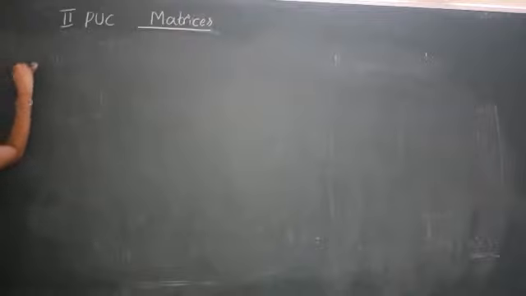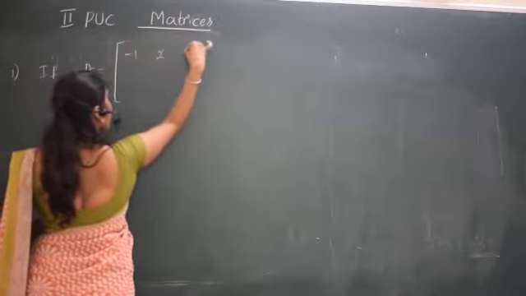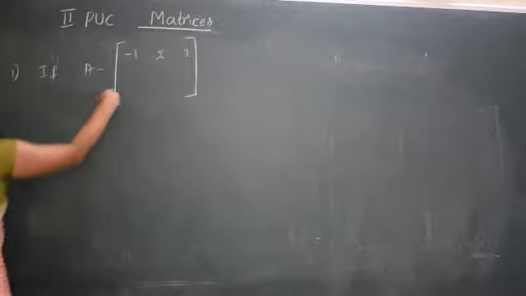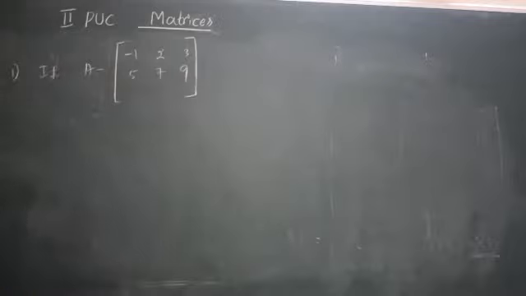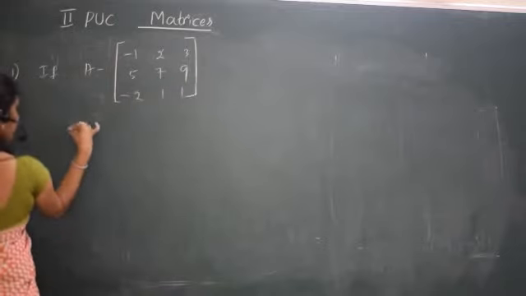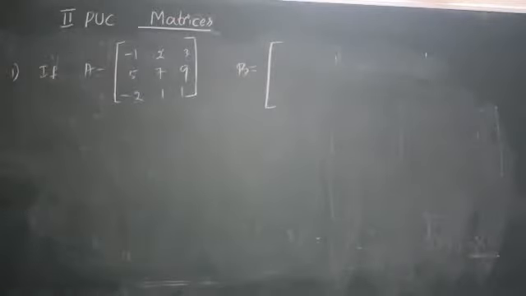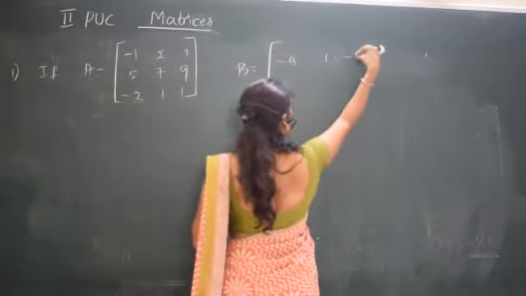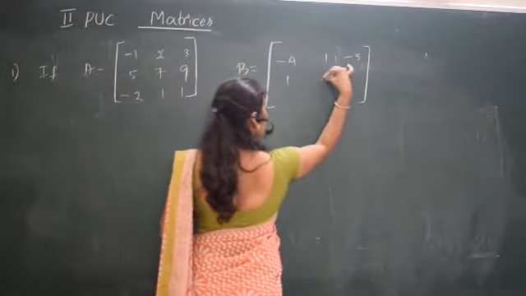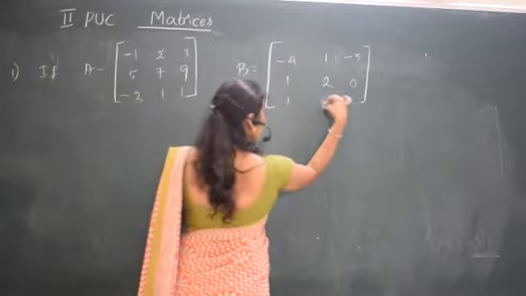Next problem. A is -1 2 3, then the next row is 5 7 9, then -2 1 1, and B is the matrix -4 1 -5, then 0 2 1, then the next row is 1 3 1.